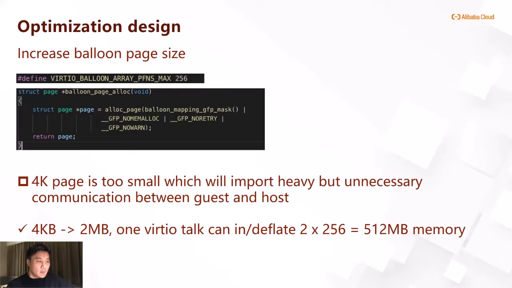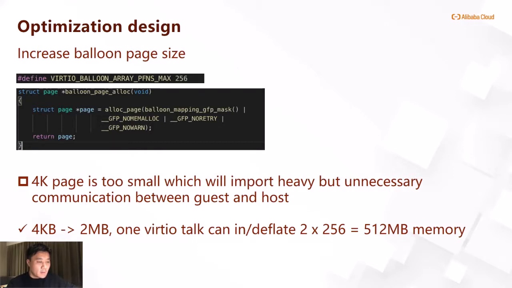The second optimization design is increasing the balloon page size. Here is the source code in the Linux kernel. You can see balloon page alloc only allocates one page at a time. A 4K page is too small for the current virtualization environment. That will introduce heavy but unnecessary communication between guest and host.